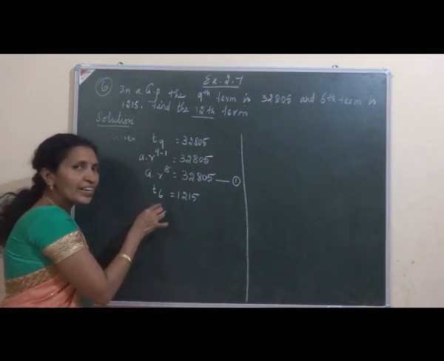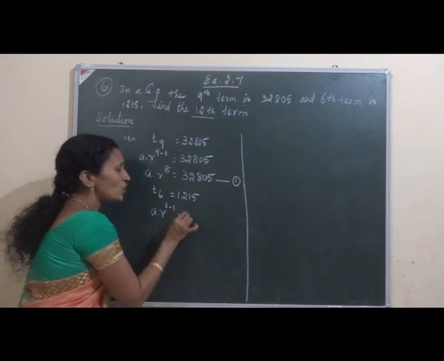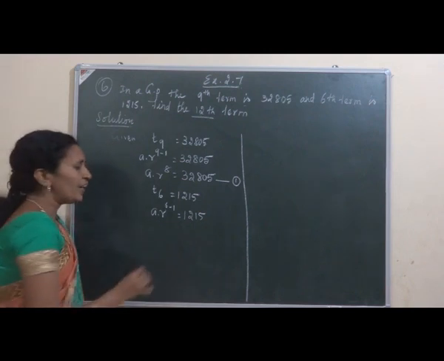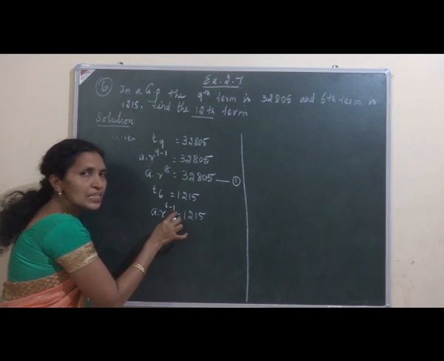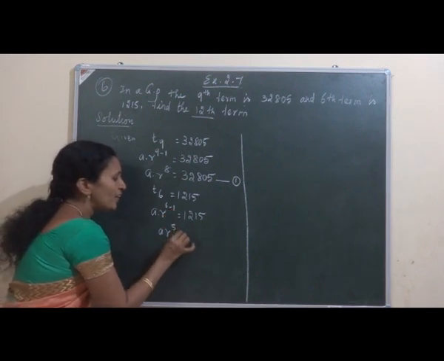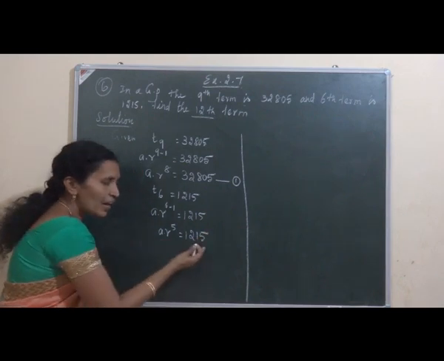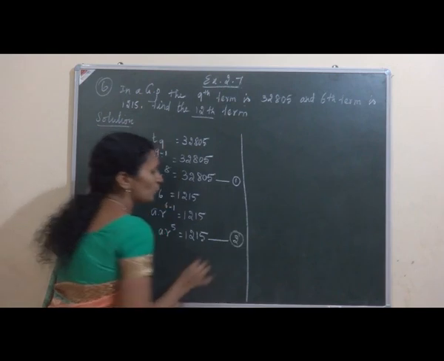What's the value of n here? 6. So a into r power 6 minus 1, which is 5, equals 1215. Hereafter any simplification? No. So this is equation 2.